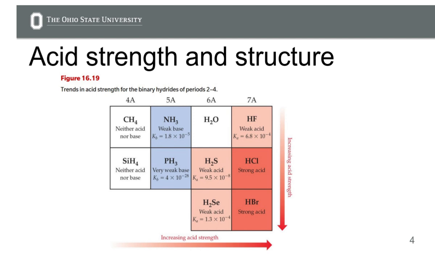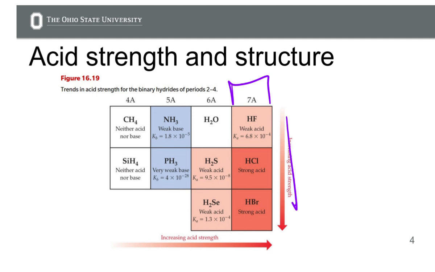If we're looking at binary hydrides, let's look at group 7A specifically: HF, HCl, HBr. We know that HF is a weak acid, and HCl and HBr are strong acids. As we go down the periodic table, the acid strength increases.